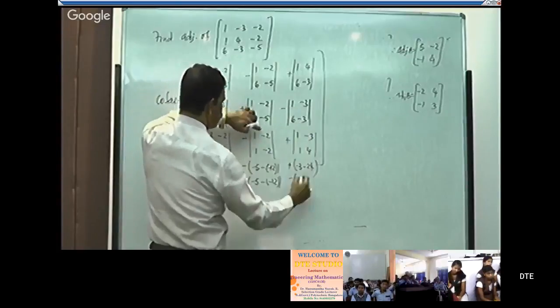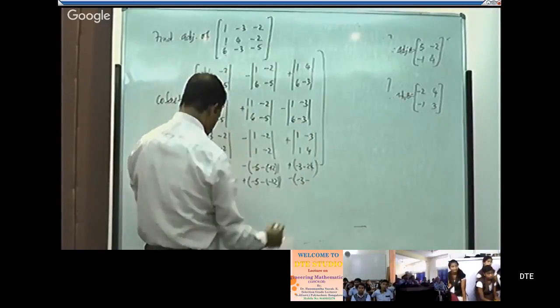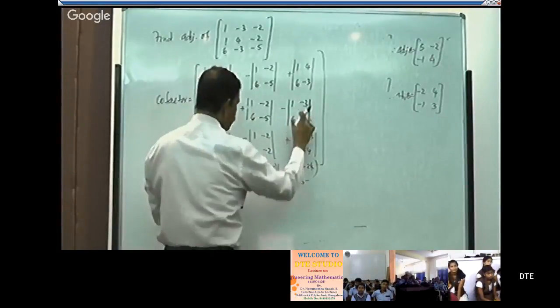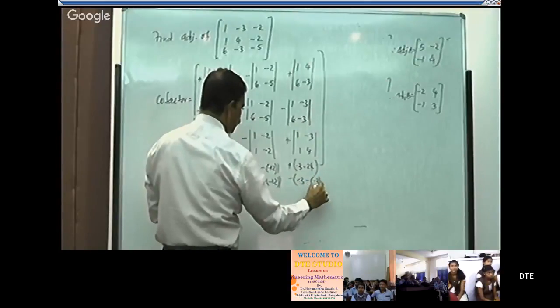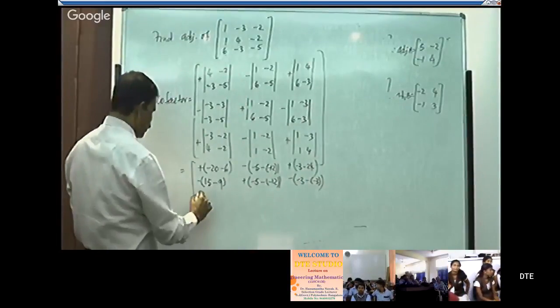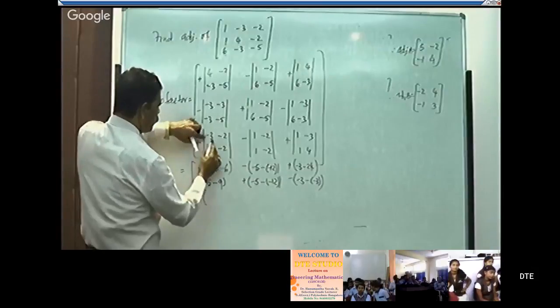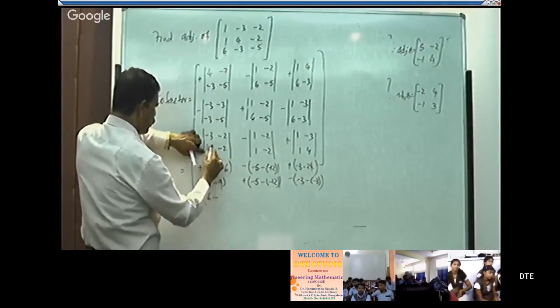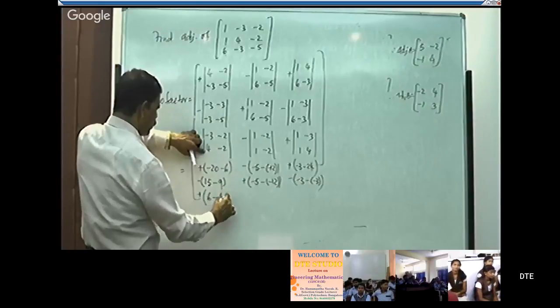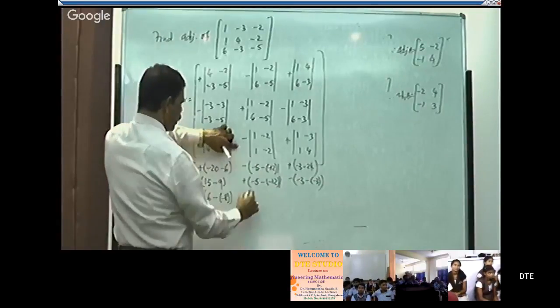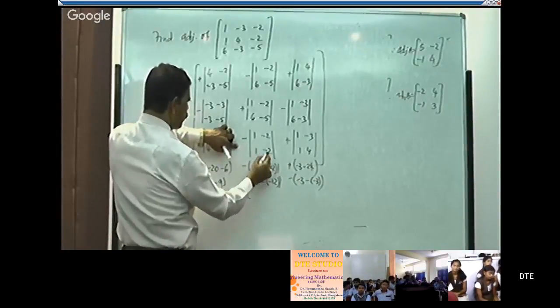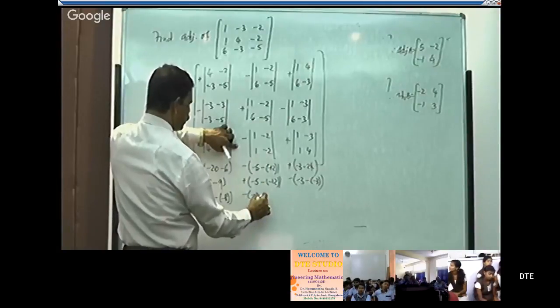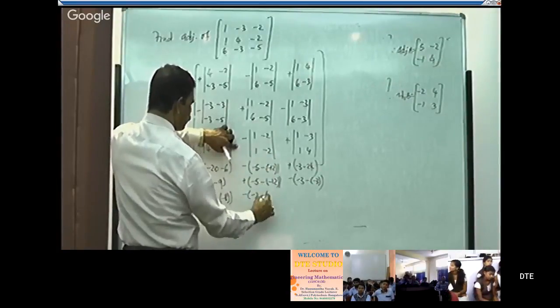Minus of 1 into minus 3, it is minus 3. Minus of 6 into minus 3, it is minus 3. Plus minus into minus plus, 3 2s are 6. Minus 4 into minus 2, it is minus 8. Minus of 1 into minus 2, minus 2. Minus of minus 2 into 1 is minus 2.